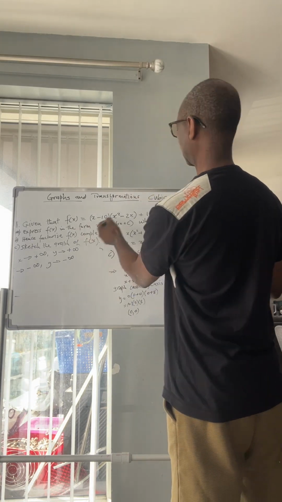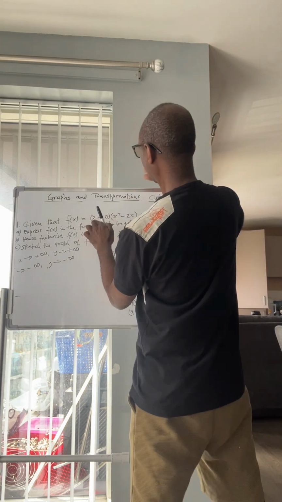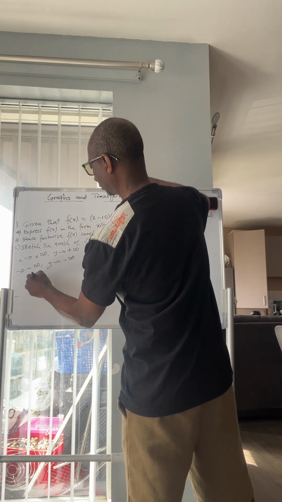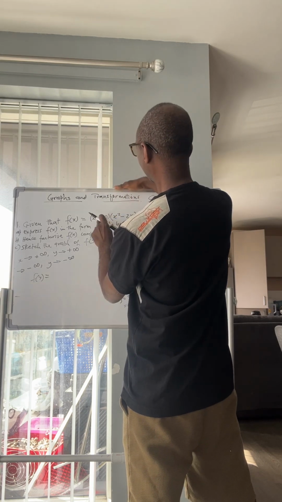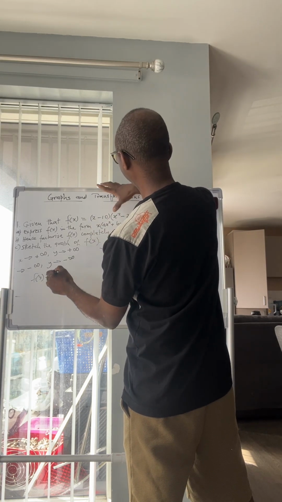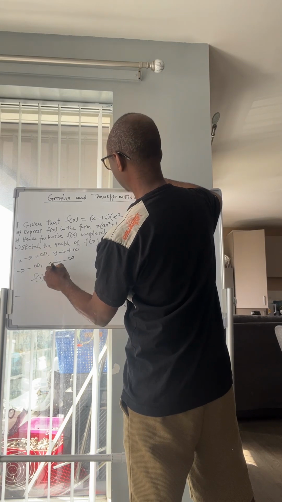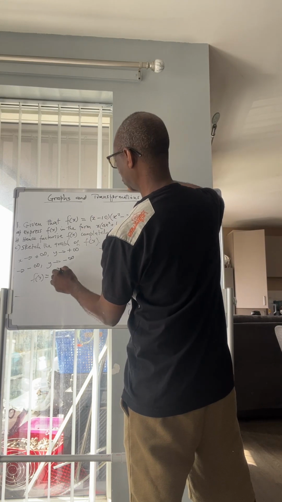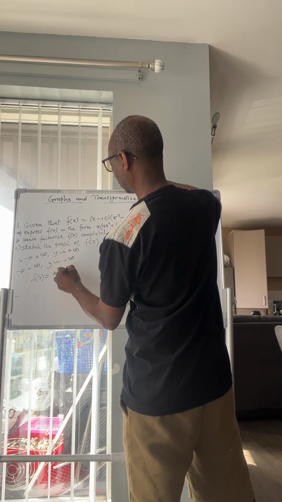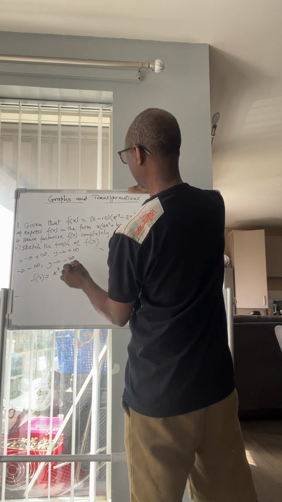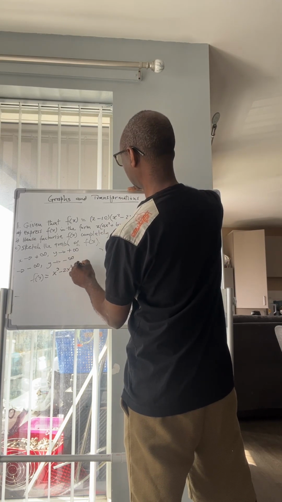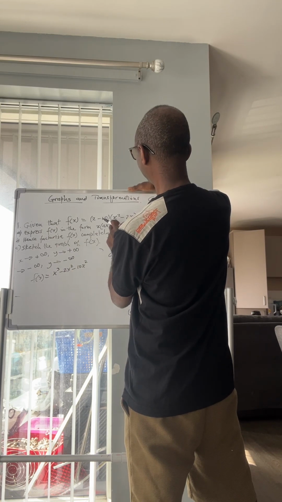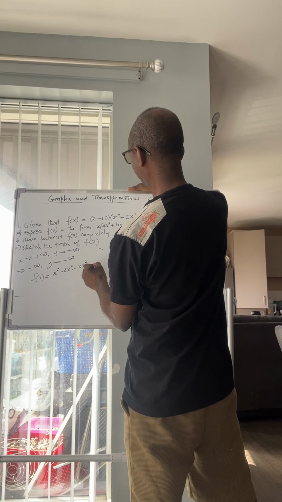So let's expand this again and see. X times f of x, x times, we get x cubed, x times minus 2x squared, minus 10 times this, minus 10x squared, and then you have your plus 12.